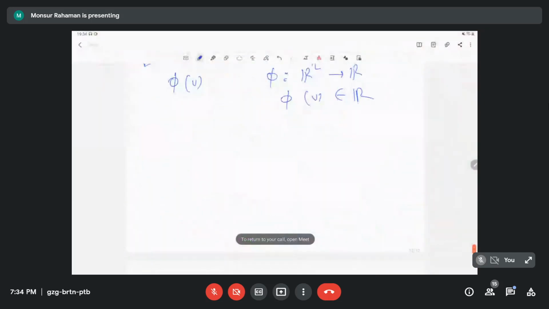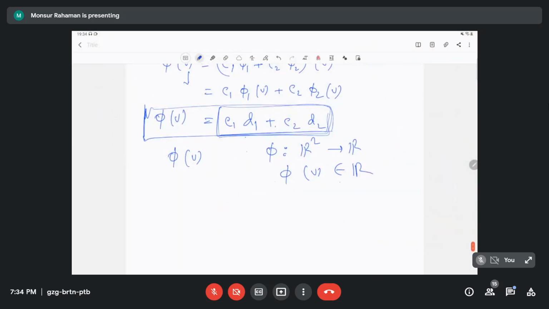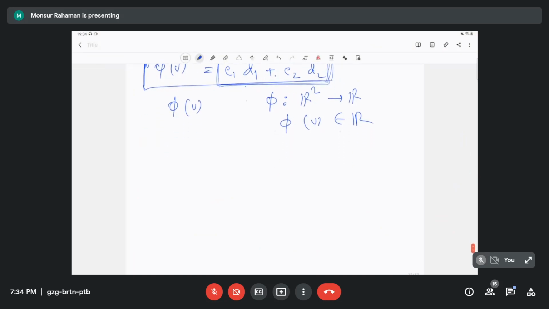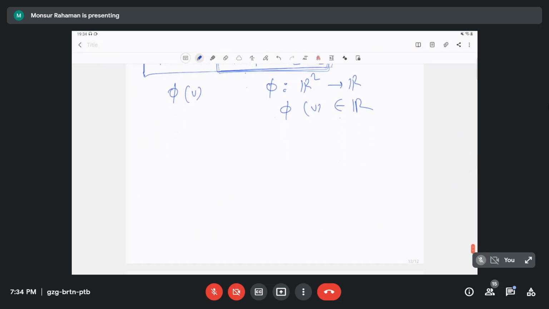Okay, so let's do some examples. Okay, see if I took a basis of R2 as (2,1) and (3,1). Okay, this is a basis of R2.